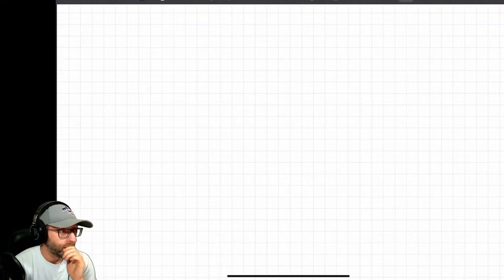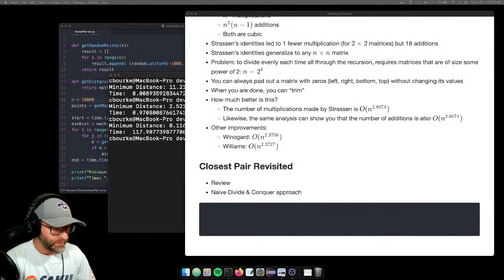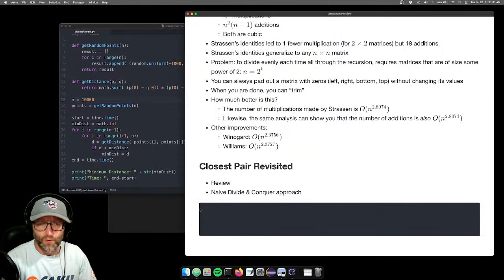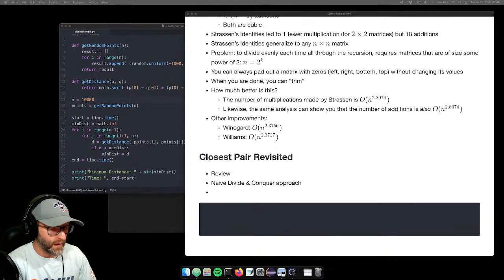Okay. To do that, I'm going to go back over to our notes here, and let's go ahead and outline. I'm not going to do full pseudocode here, but let's do an outline of what you would need to do. So, an outline of the good recursive divide and conquer closest pair algorithm.